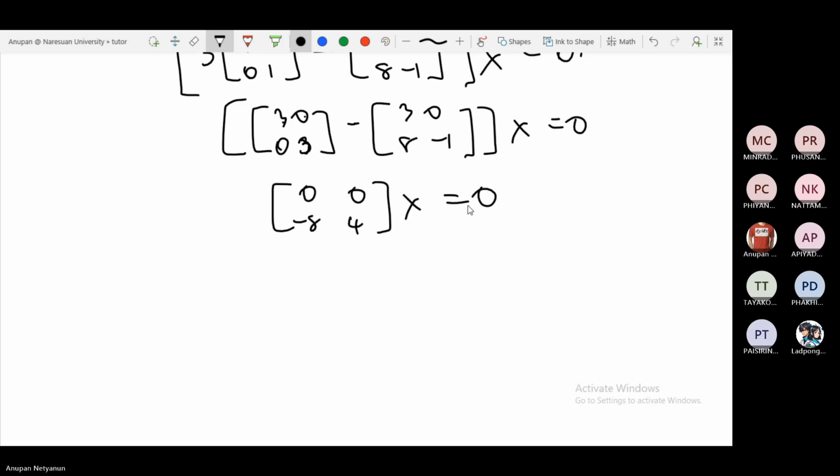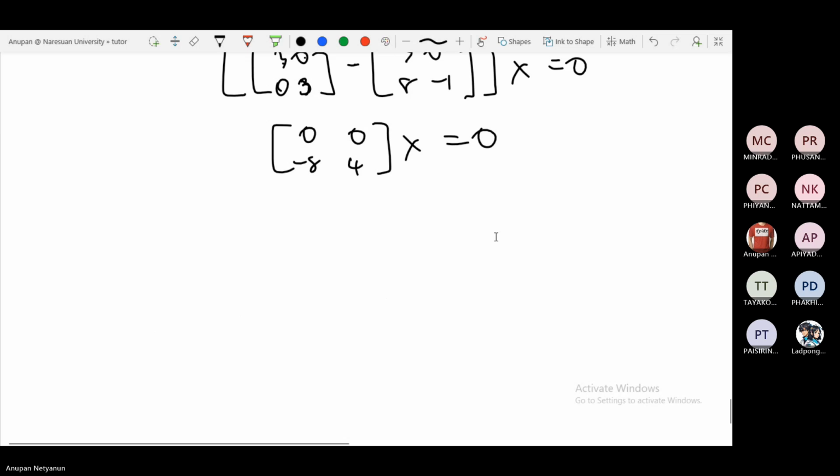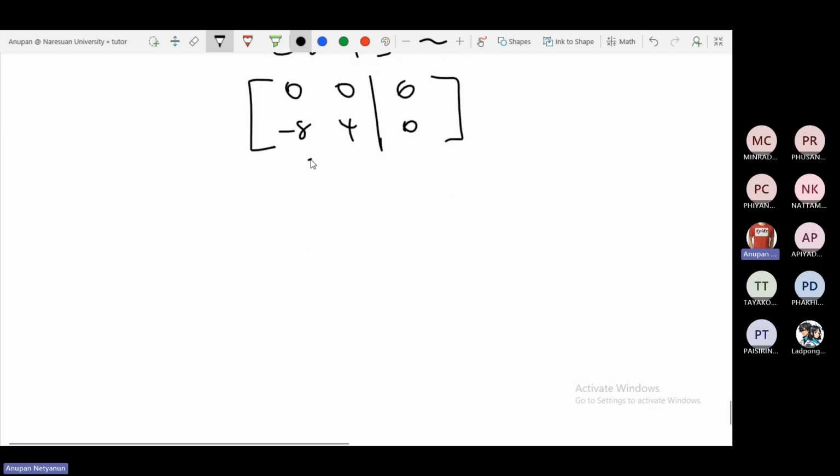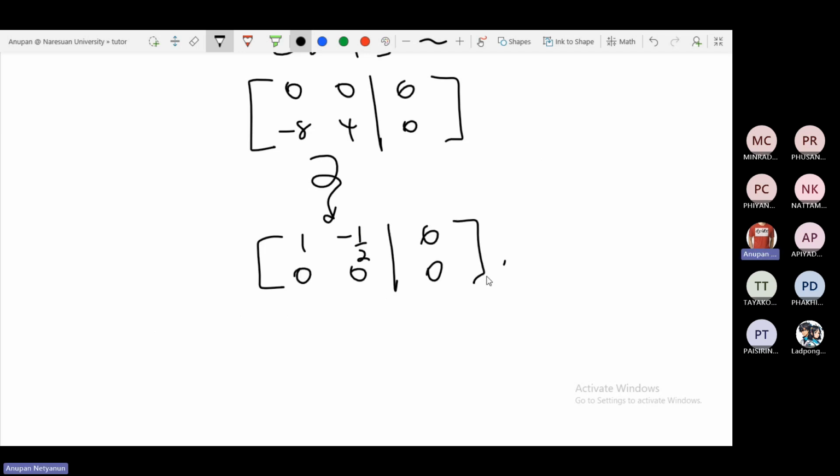Okay. Now, again, I'm going to make it like this, and on the right-hand side you have 0, 0. Then you do row reduce. What you get is 1, negative 1/2, 0, 0, 0, 0.